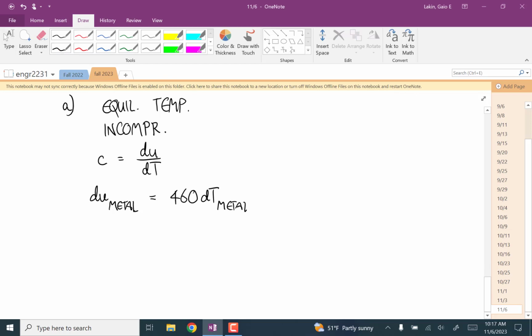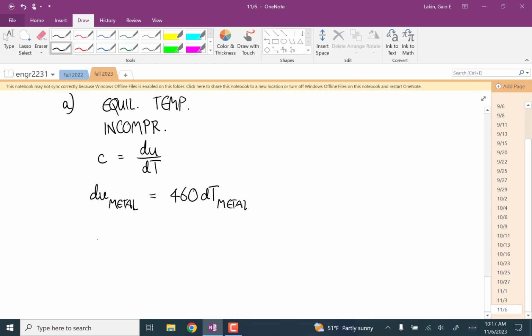You can integrate both sides and you get that the change in specific internal energy for the metal is equal to 460 times the change in temperature, which is the equilibrium temperature minus the starting temperature.